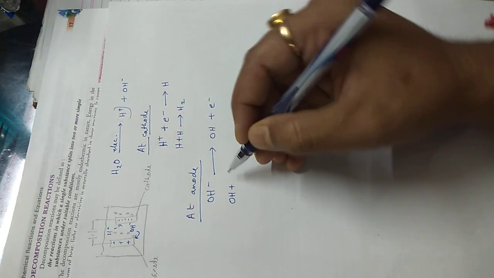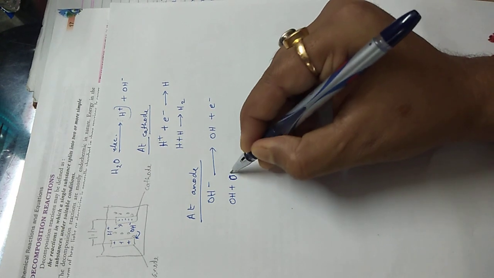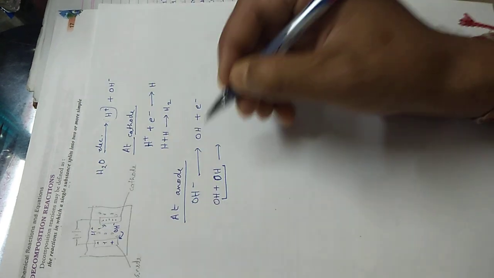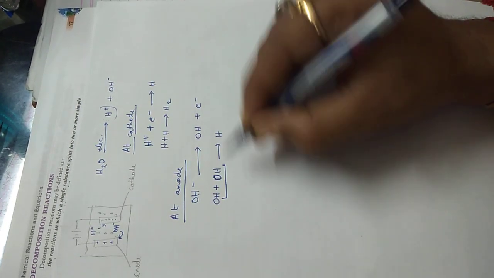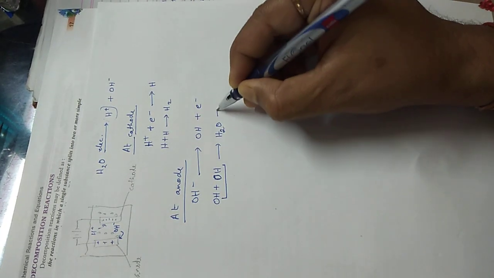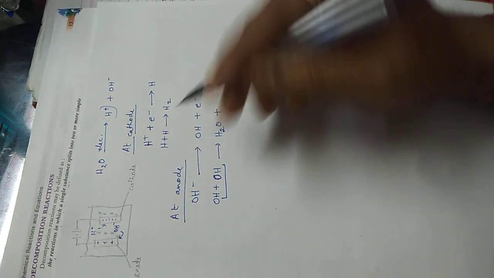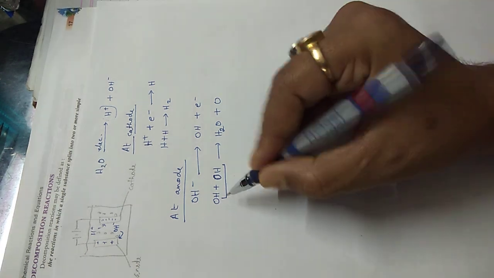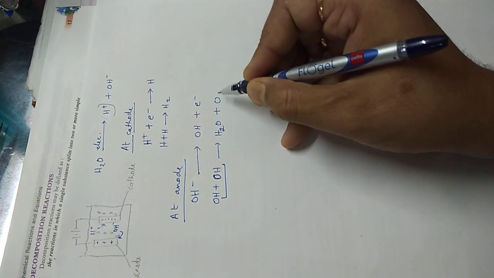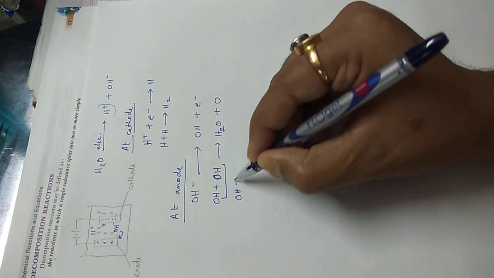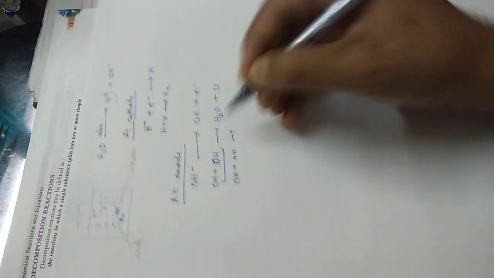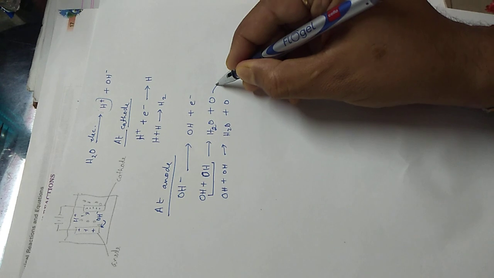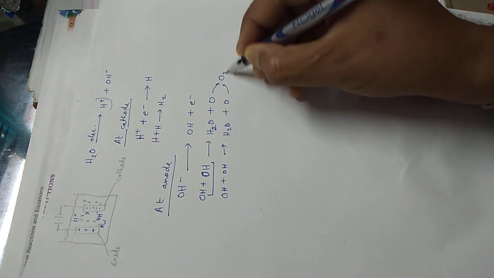One OH will react with another OH, and they will combine to give a molecule of water, which will go back into the solution, and you will get one oxygen atom. Just like 2 OH gave 1 O, another 2 OH will combine to give water plus O. This O and this O will combine to give O2.